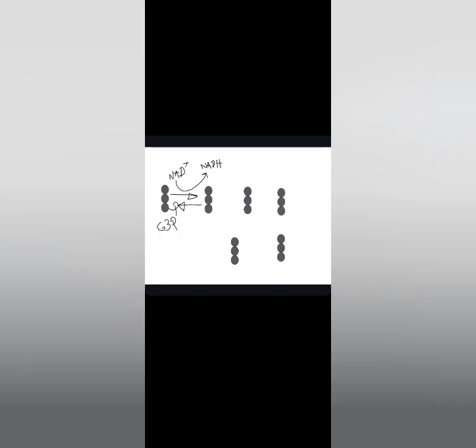This reaction is so energetically favorable. There is so much energy released when this happens that the cell can at the same time phosphorylate this G3P, add an additional phosphate, like this.